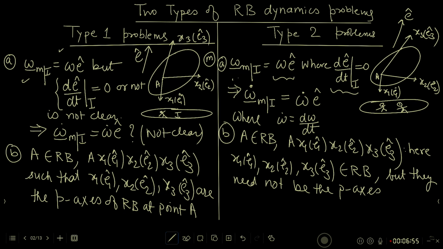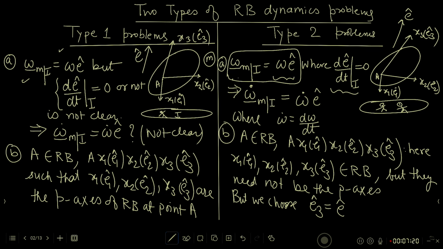In fact, you will choose E3 in your coordinate system to be the same as E hat. What is E hat? E hat is the direction along which omega mi is oriented. This is how we want to set our coordinate system.